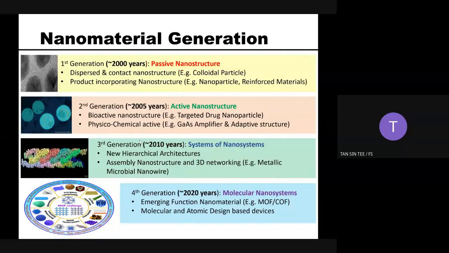For example, Pfizer is using mRNA. So mRNA is a type of second generation nanostructure, which is called an active nanostructure. So they're using liposome nanoparticles to attack the protein spike if you get infected with the COVID-19 virus. So here I want to talk a little bit about the generations of the nanomaterials.